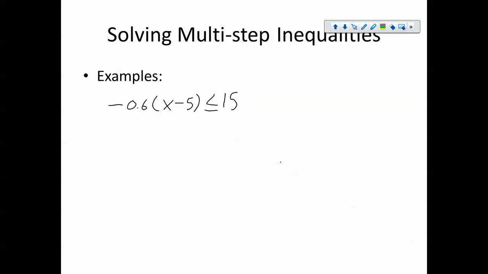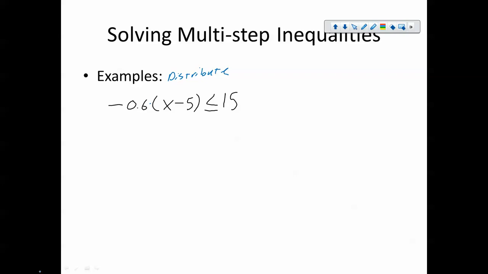Let's do another one. Negative 0.6 times the quantity x minus 5 is less than or equal to 15. You'll notice that I have this thing on the outside of the parentheses. That's a cue for us to distribute. And that's a negative 0.6 that's being distributed.